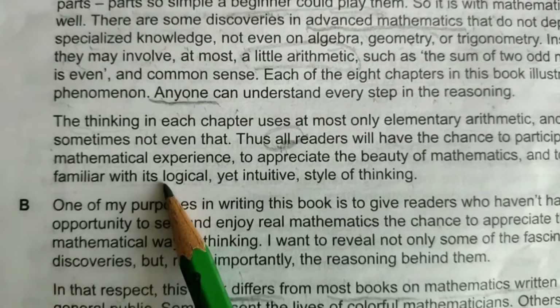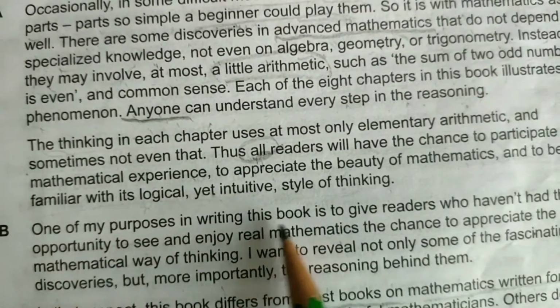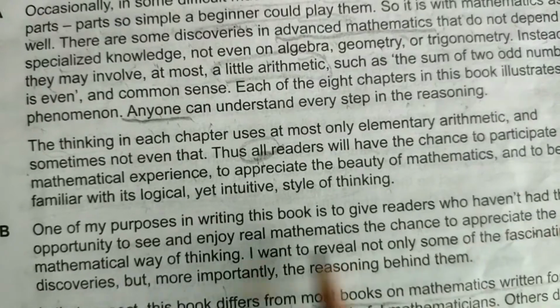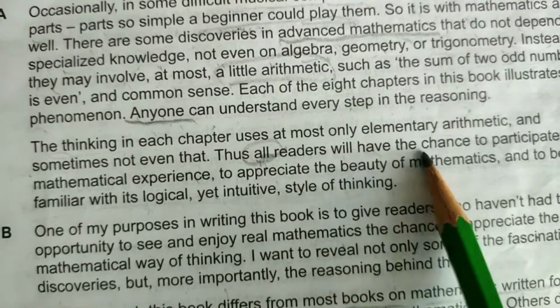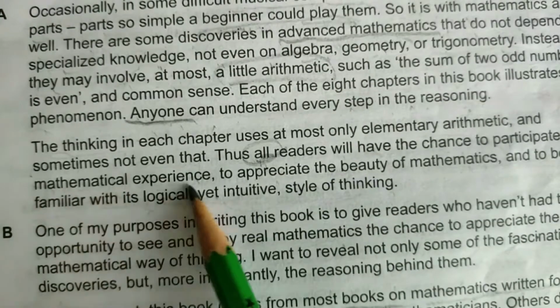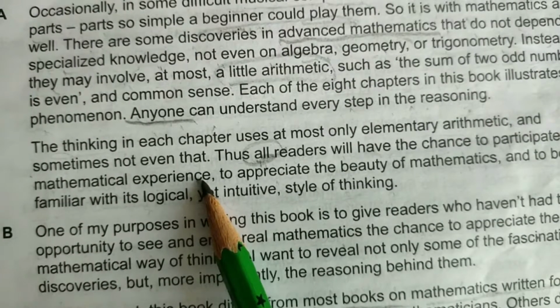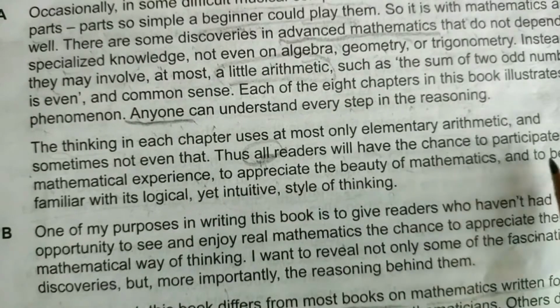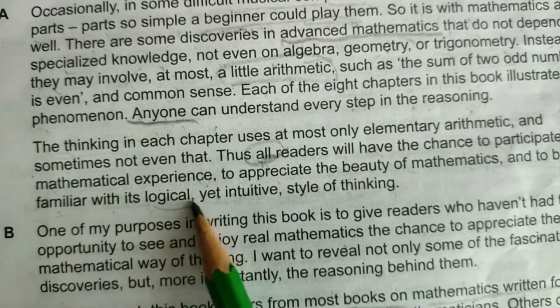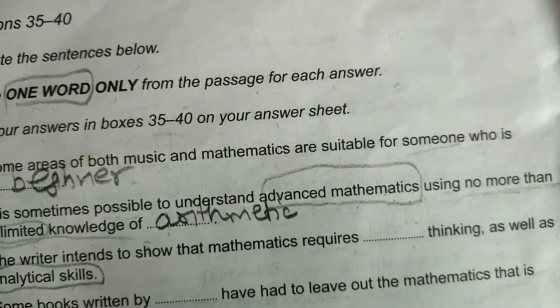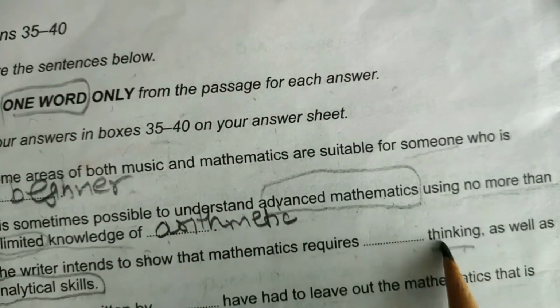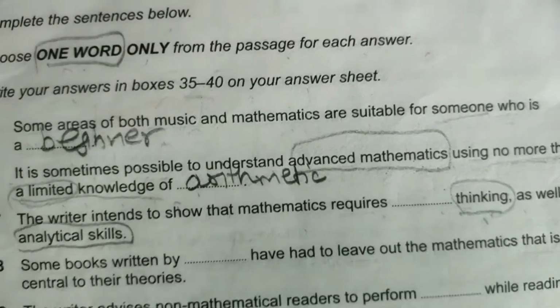One of the purposes is that all readers will have the chance to participate in a mathematical experience, to appreciate the beauty of mathematics, to become familiar with its logical yet intuitive style of thinking. Style of thinking, yes, thinking, he has given the word again.